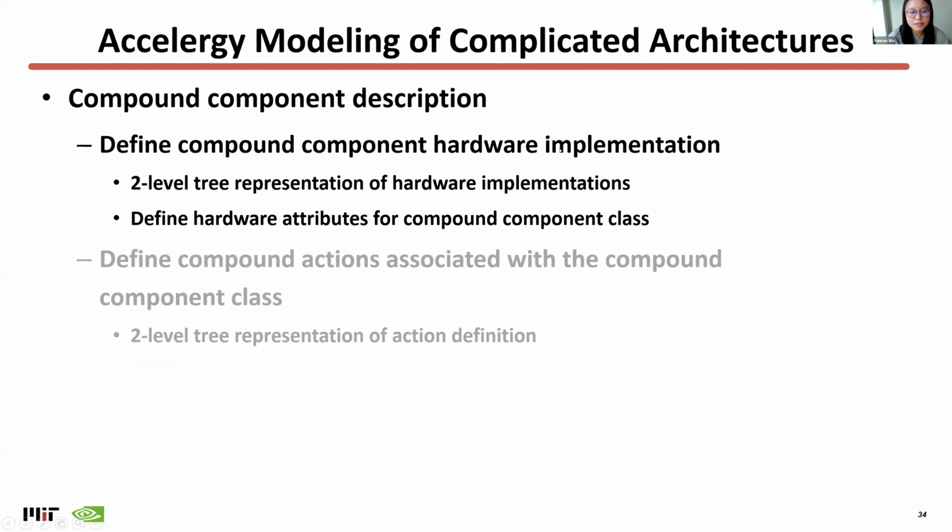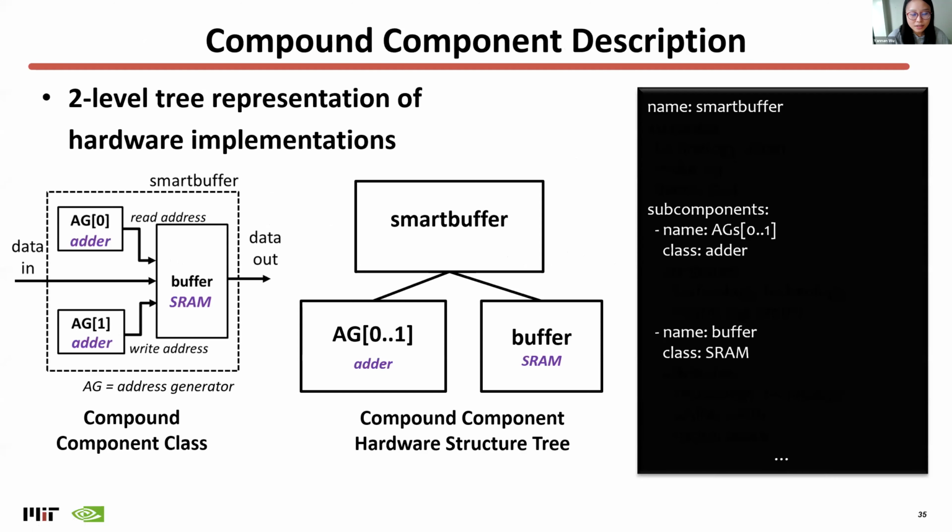So how is this compound component implemented using the primitive component classes? And there are two aspects of this. One is we want to have a tree-level representation of the hardware implementation hierarchy. And also we want to map the hardware attributes from the compound component class to a lower-level primitive component class. So let's look at how this works in our YAML specification.